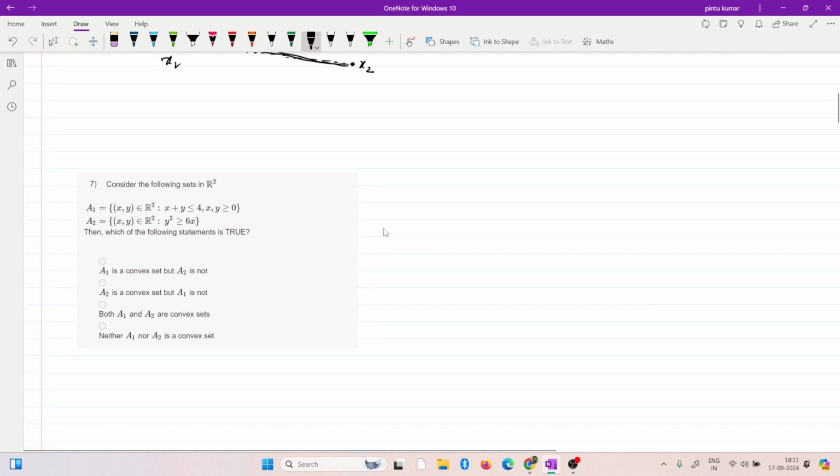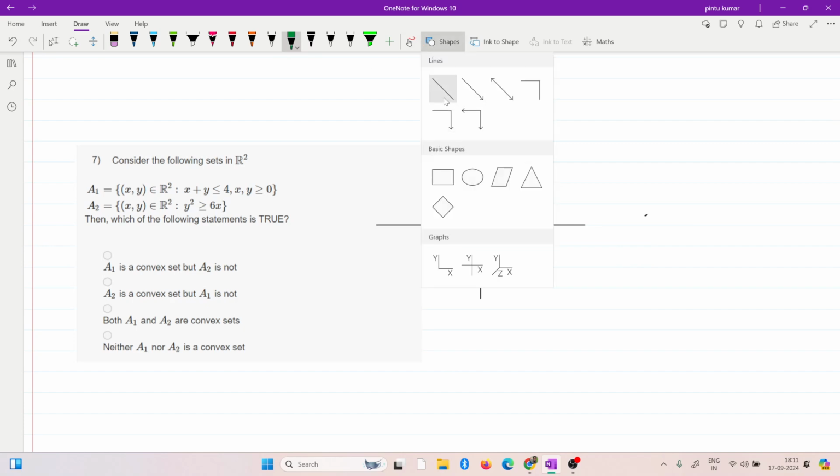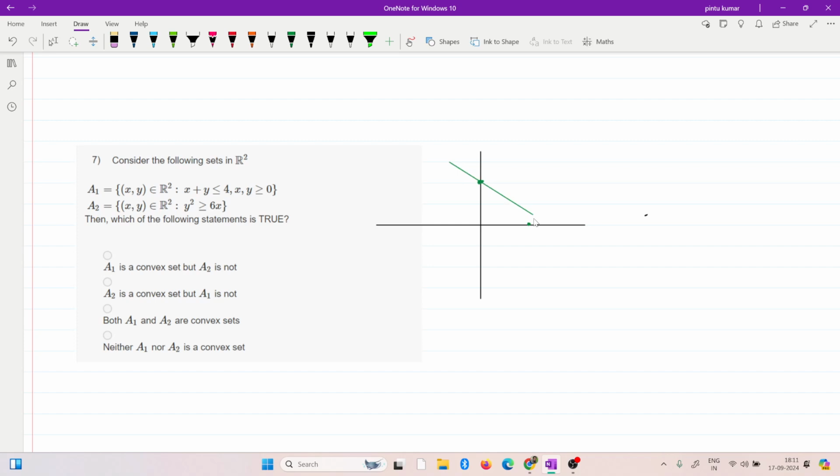Let's look at some examples. Let's say this set A1 is given by (x, y) belonging to R squared, so it's a 2-dimensional shape. Let's draw a 2D figure. It says x plus y is less than or equal to 4. Let's say this is my point (4, 0) and this is (0, 4). Then my line x plus y equals 4 is this line, right?